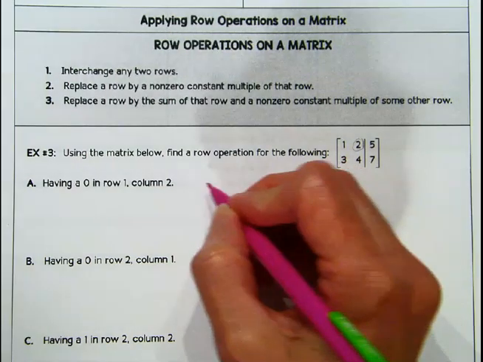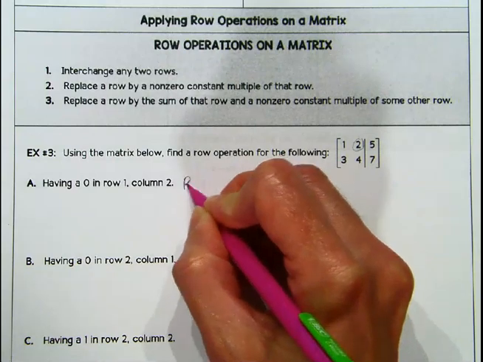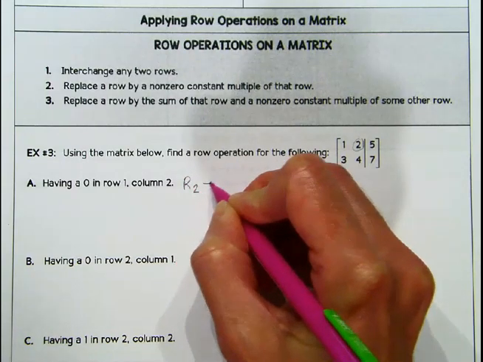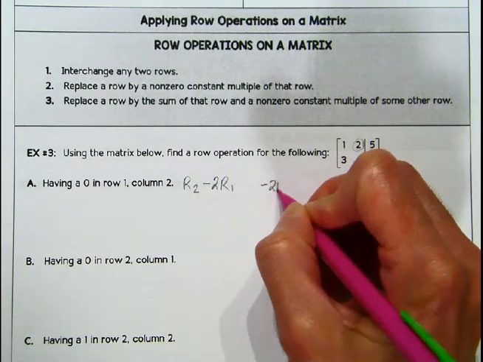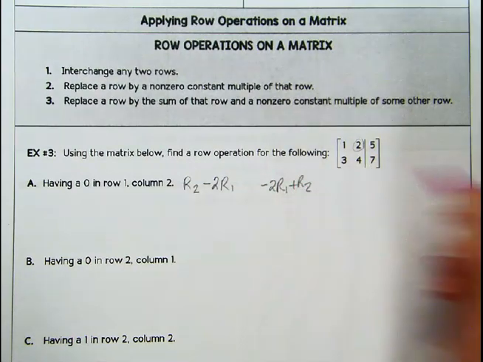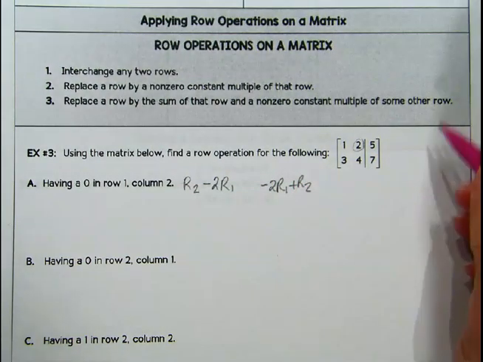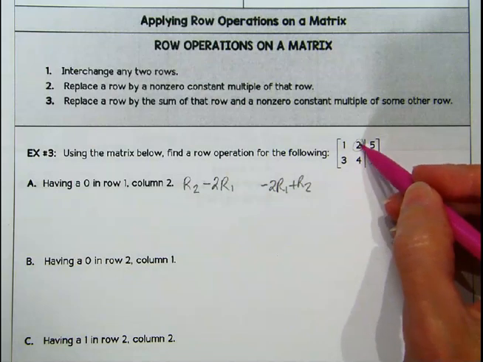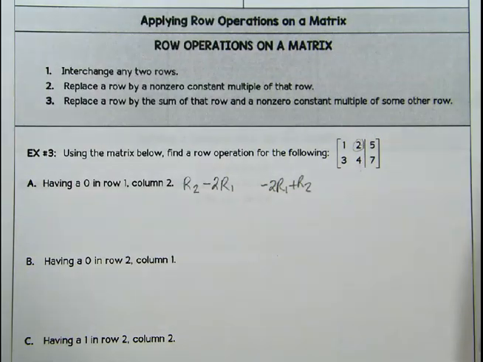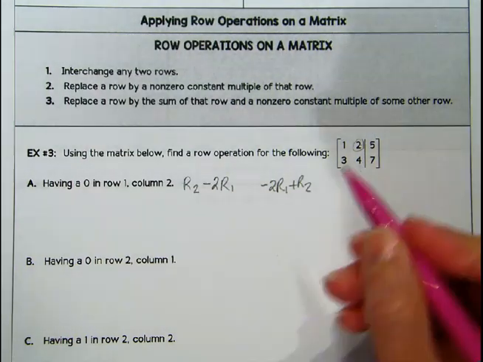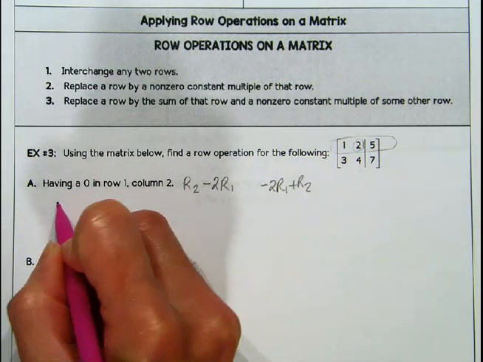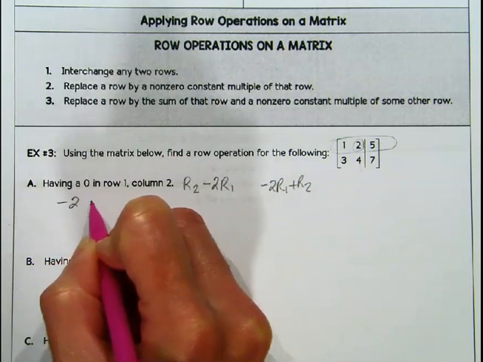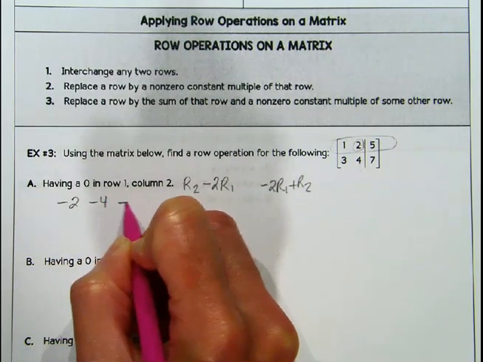Well, I know I can say row 2 minus 2 row 1. Actually I wrote it opposite. I wrote it as -2 row 1 plus row 2 on my paper. But either way, if I multiply this one by -2 and then add them together, that's going to give me a 0 right there. So if I multiply this top row by -2, that gives us -2, -4, and then -10.